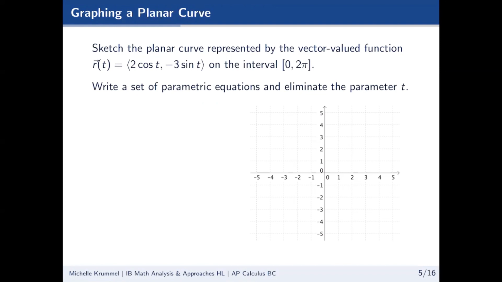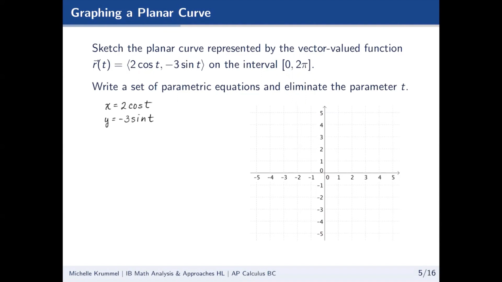So parametric equations, we know we can just say x equals 2 cosine t, y equals negative 3 sine t, and how are we going to eliminate our parameter here? We're going to use some trig identities to help us.